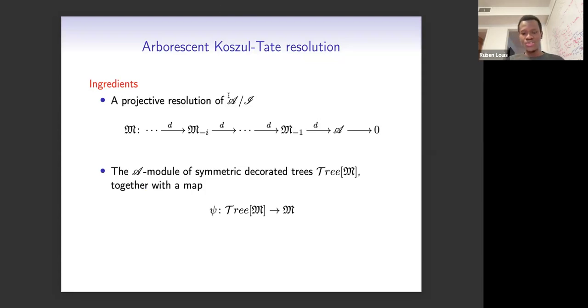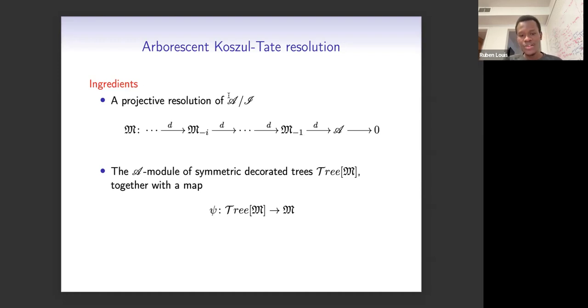So you take the symmetric decorated trees of that, with signs, symmetric, that encode the symmetry in the leaves, and this is how you get this decorated planar tree.